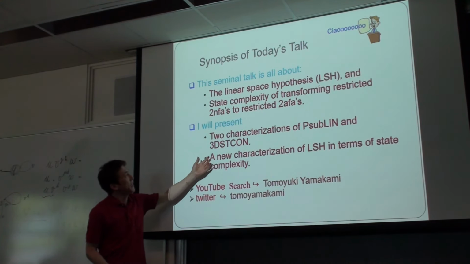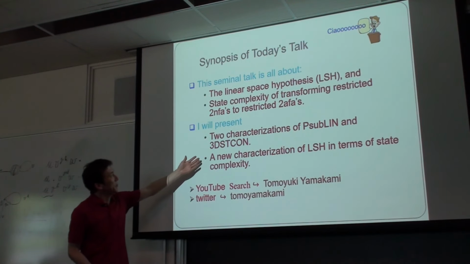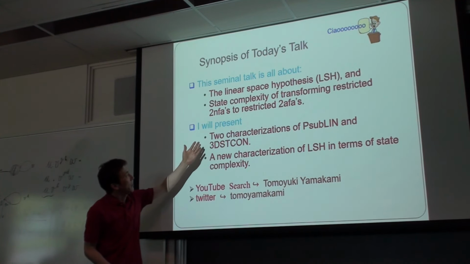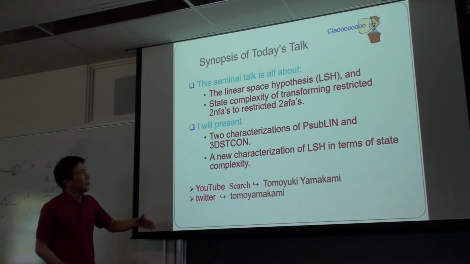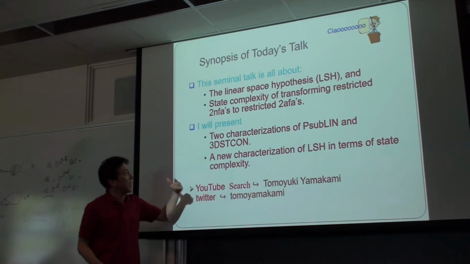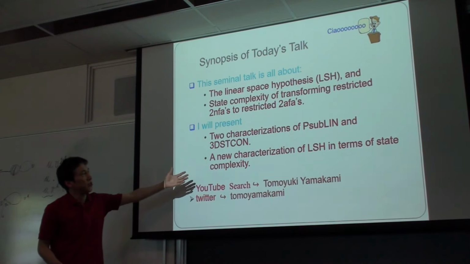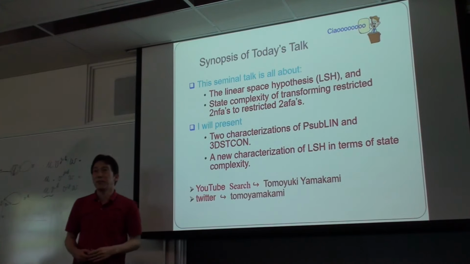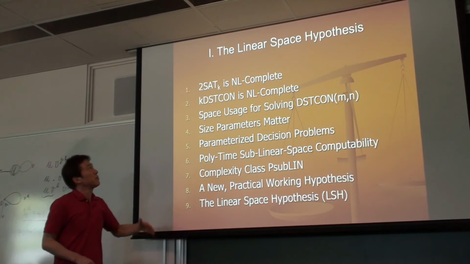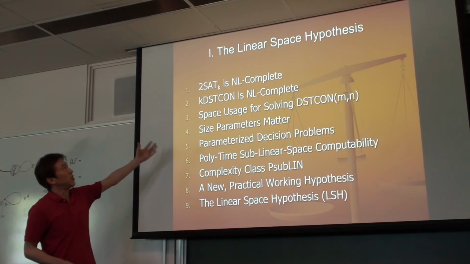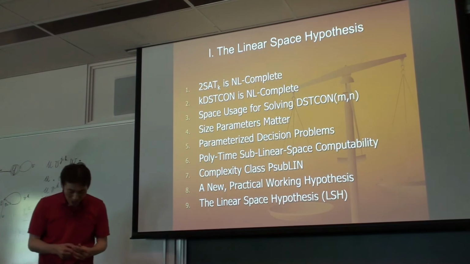And also 3D SD-con, the degree 3 directed graph SD connectivity problem. And finally, I'm going to give a new characterization of this hypothesis, LSH, in terms of state complexity.